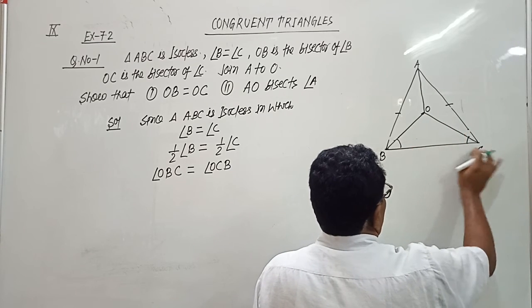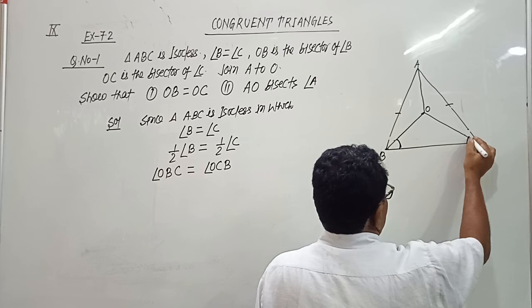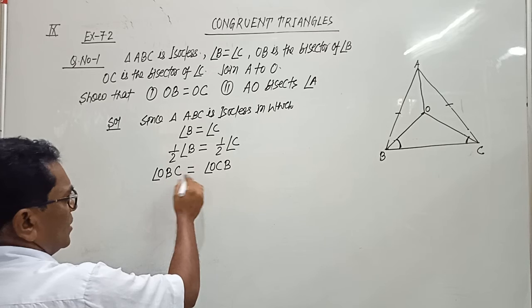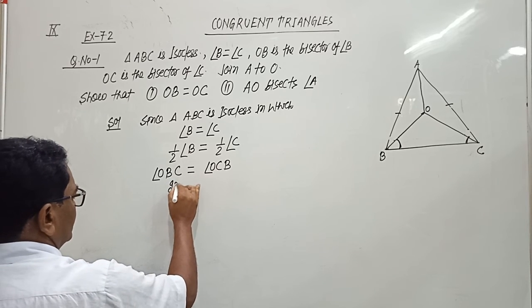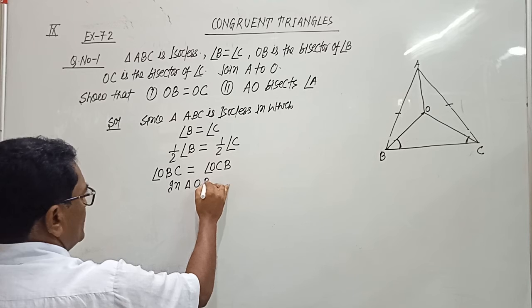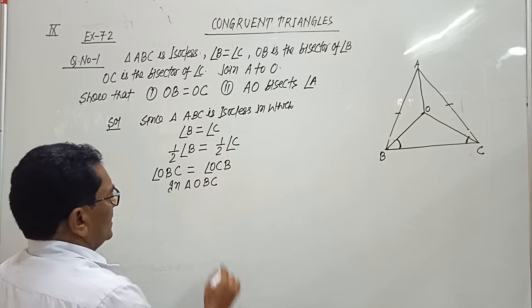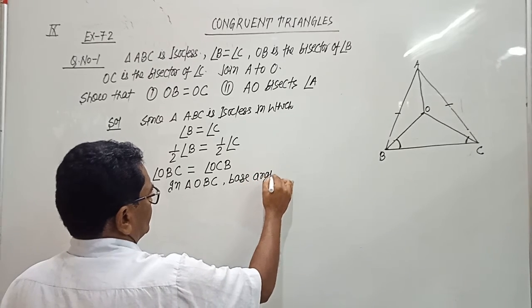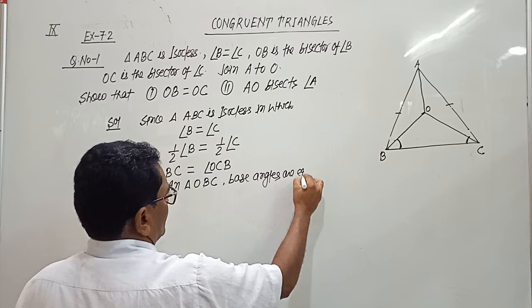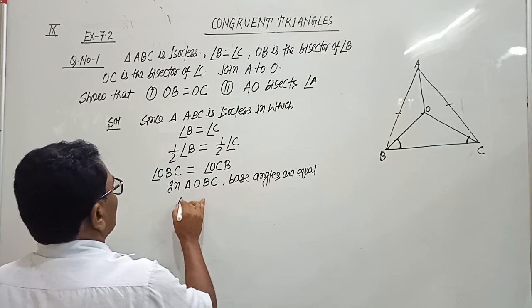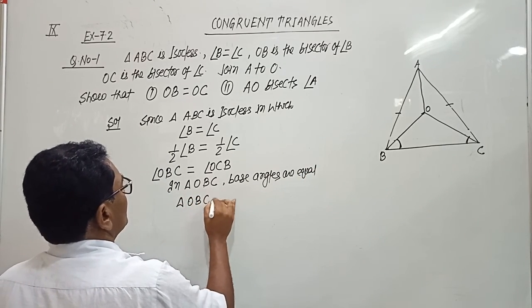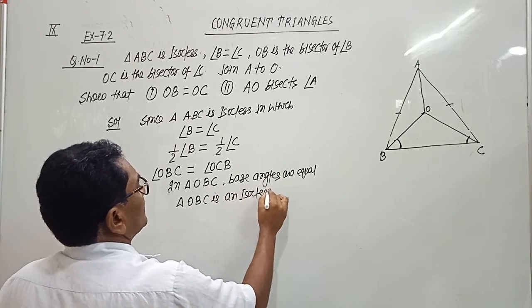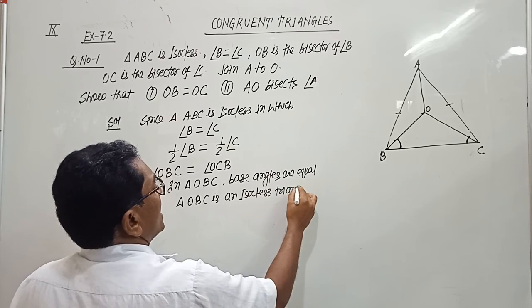So in triangle OBC, angle OBC equals angle OCB. In triangle OBC, base angles are equal. Therefore, triangle OBC is an isosceles triangle.